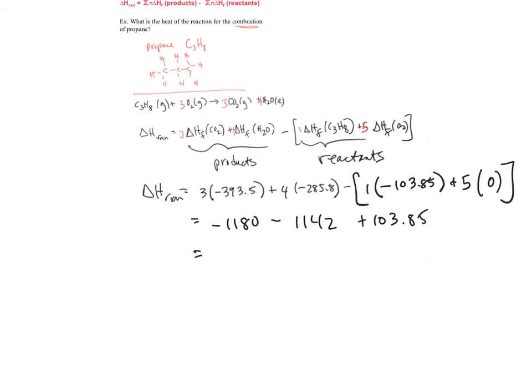And then we have 1180 plus 1143, and then subtract 104. So this is going to be negative 2218. Let me double check on that.